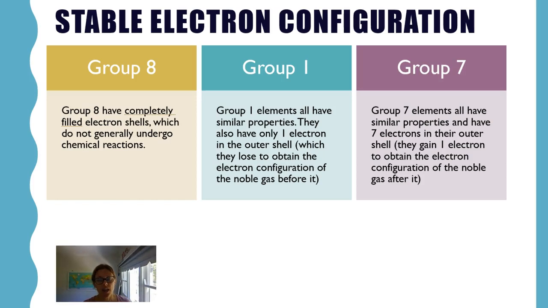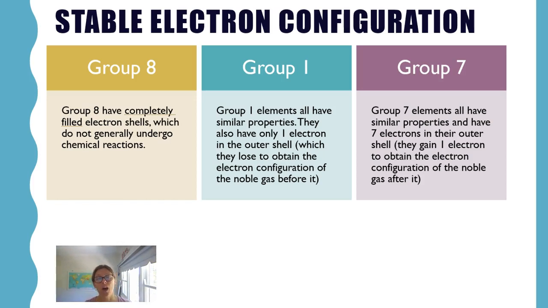So they either gain or lose electrons to gain that ideal electron configuration of full shells. Group 1 have 1 electron in their outside shell, and you'll notice that all of them have 1 electron in their outside shell. So if we had filled potassium the way we thought we should, it wouldn't fit this pattern either. So they have similar chemical reactivity, and that's based on that 1 electron in the outside shell.